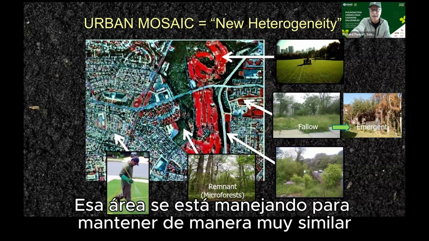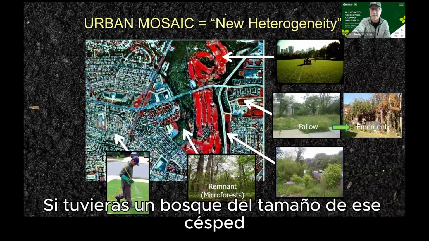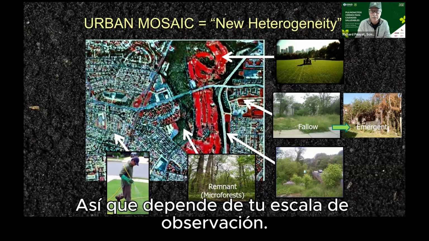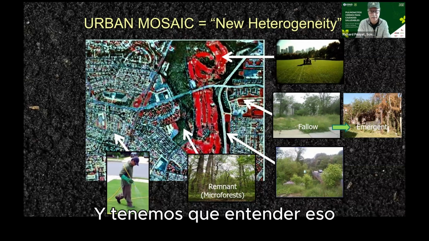That area is being managed and maintained very similarly. And so there's not a lot of variability out there. If you had a forest that was the size of that turfgrass system, there would be a lot more variability. So it depends on your scale of observation. But the idea here is that there's a new heterogeneity, and we have to get an understanding of that.